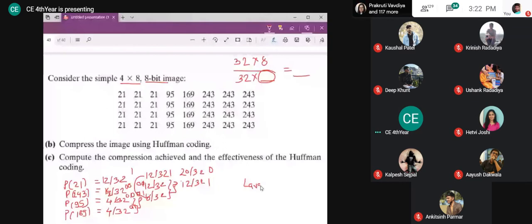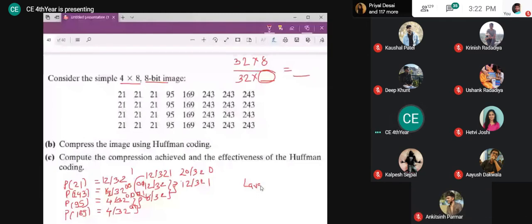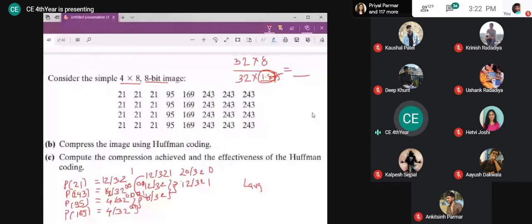It is just 8 divided by 1.875. Who will calculate quickly and let me know? 4.26. 4.267. Good.